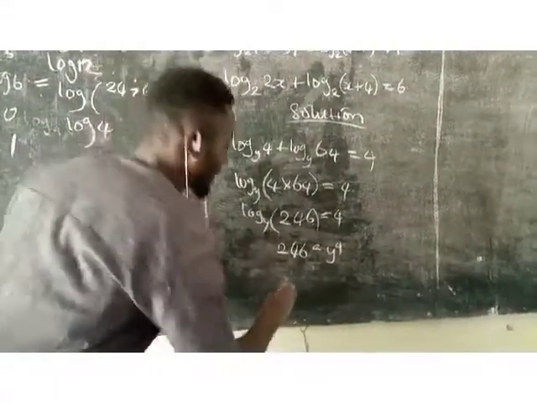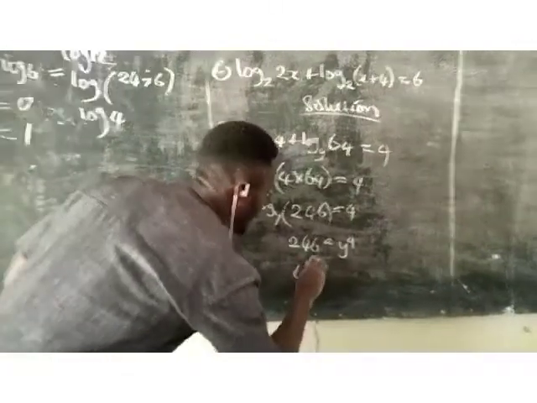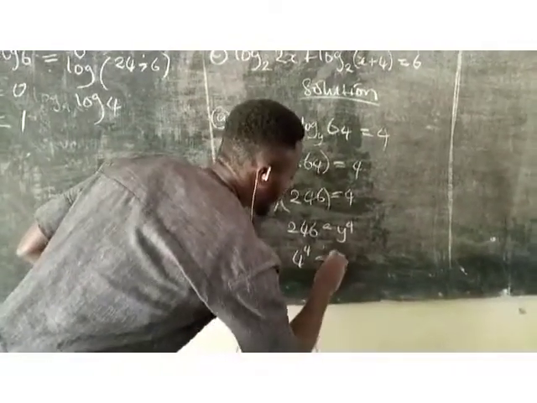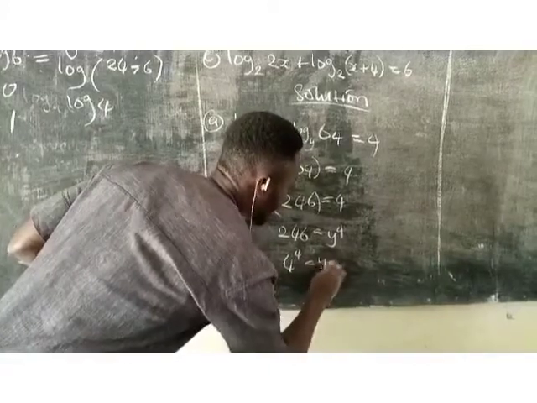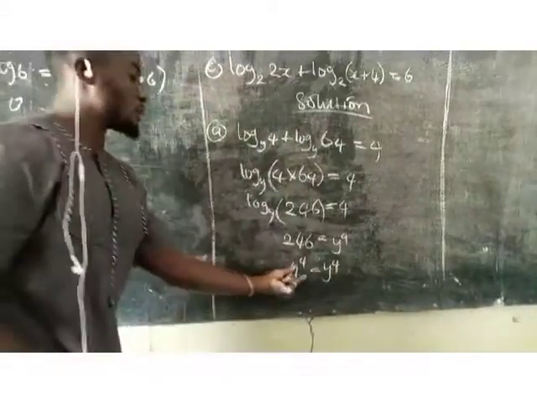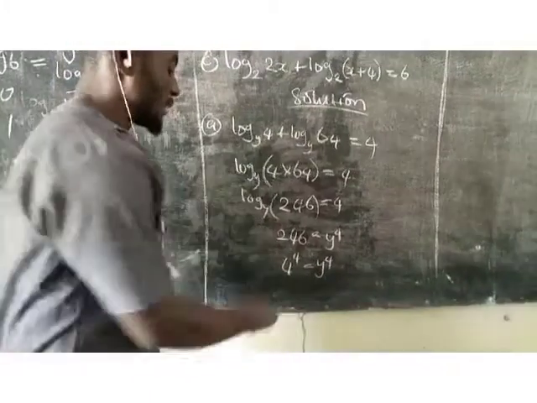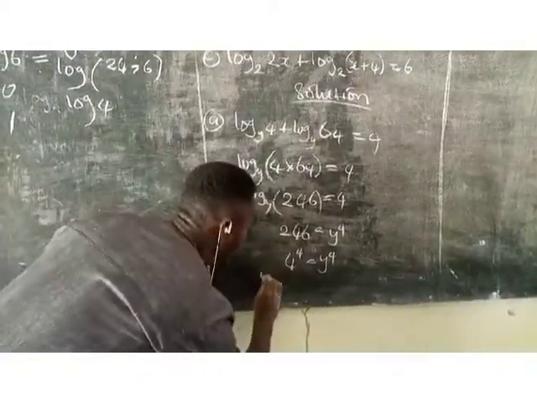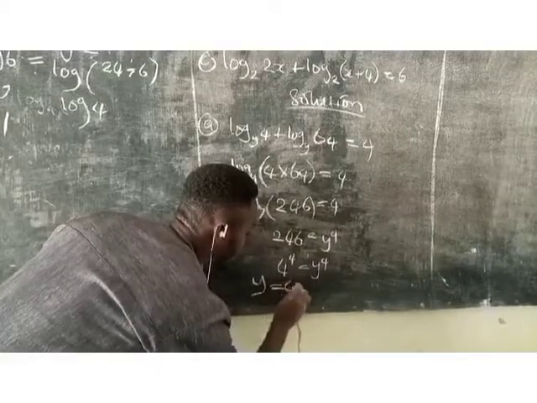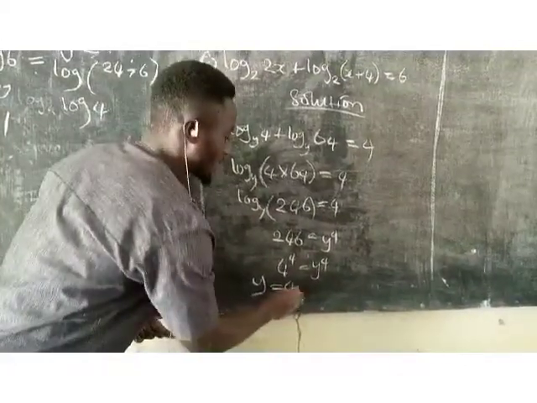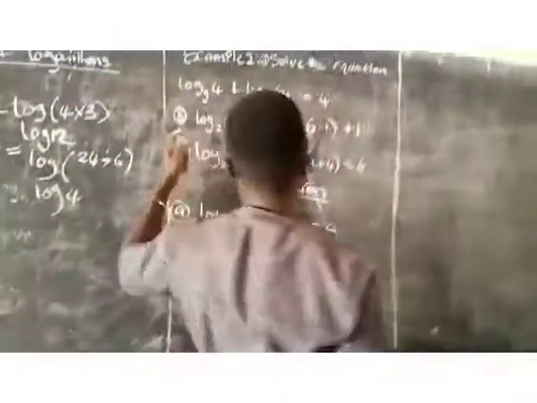And 256 is the same thing as 4 raised to the power of 4, which is equal to y raised to the power of 4. Taking the logarithm of both sides, we have y is equal to 4. That is for the A part, y is equal to 4.